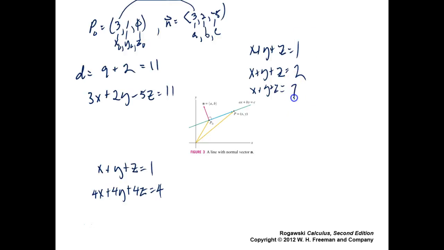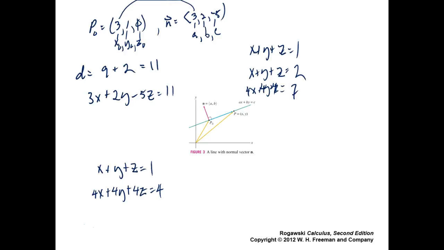Why they jumped to 7, I don't know, but they did. That last one, they just said 4x plus 4y plus 4z. Doesn't matter as long as those are multiples of each other. Those are parallel planes.